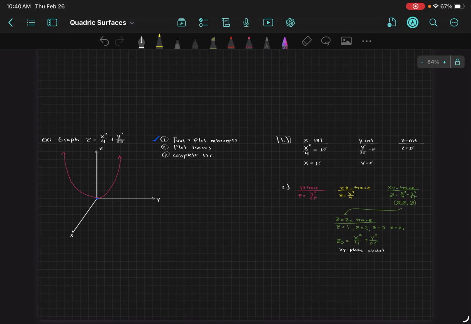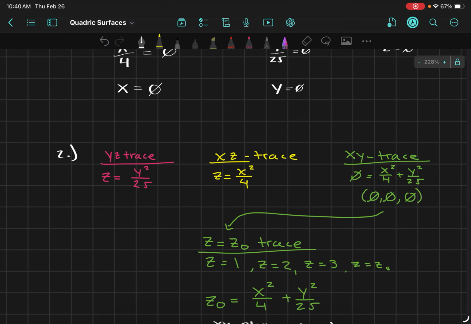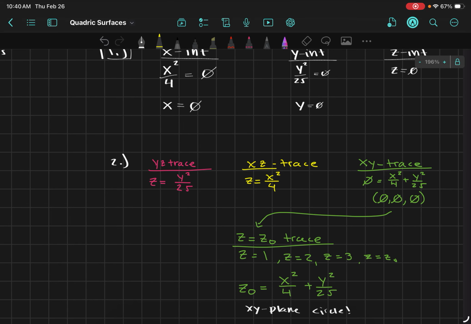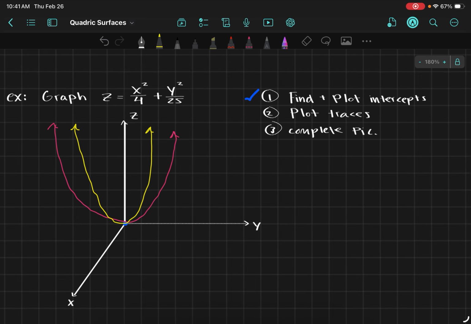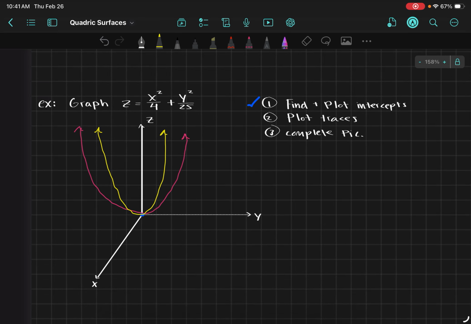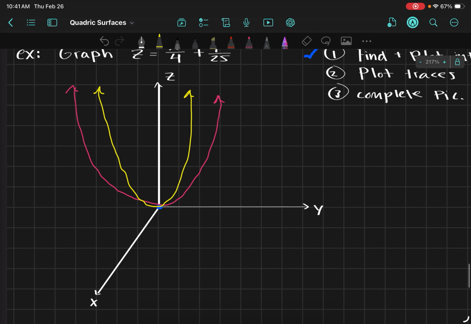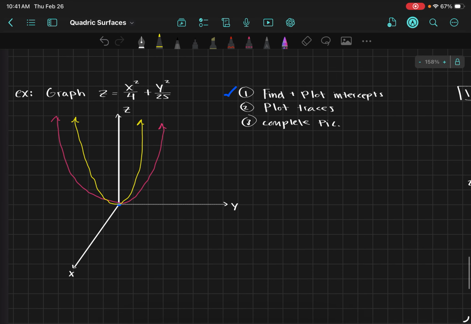Now we are going to come over here to our xz trace. This is x squared over 4 is equal to z, meaning we are going to ignore this y-axis. So we are going to have something that looks like this.